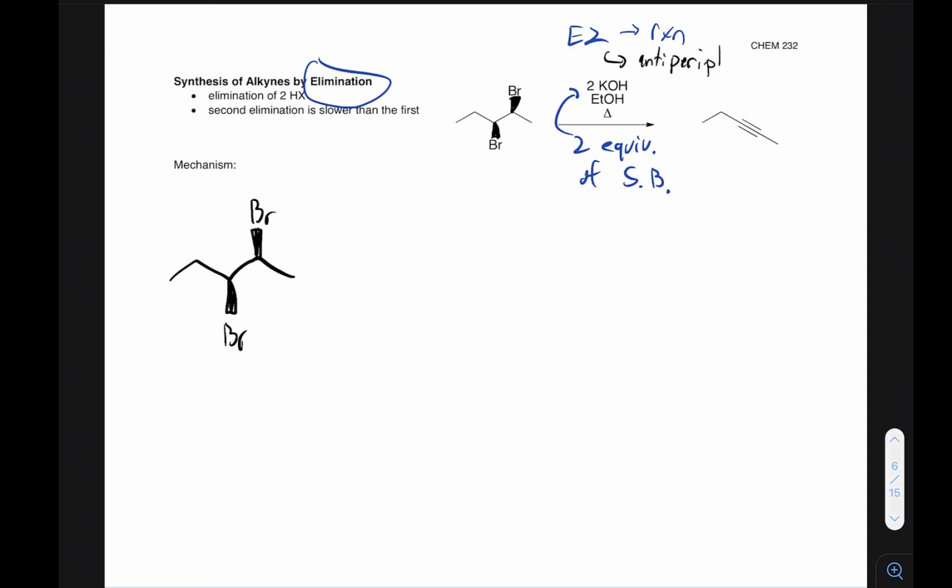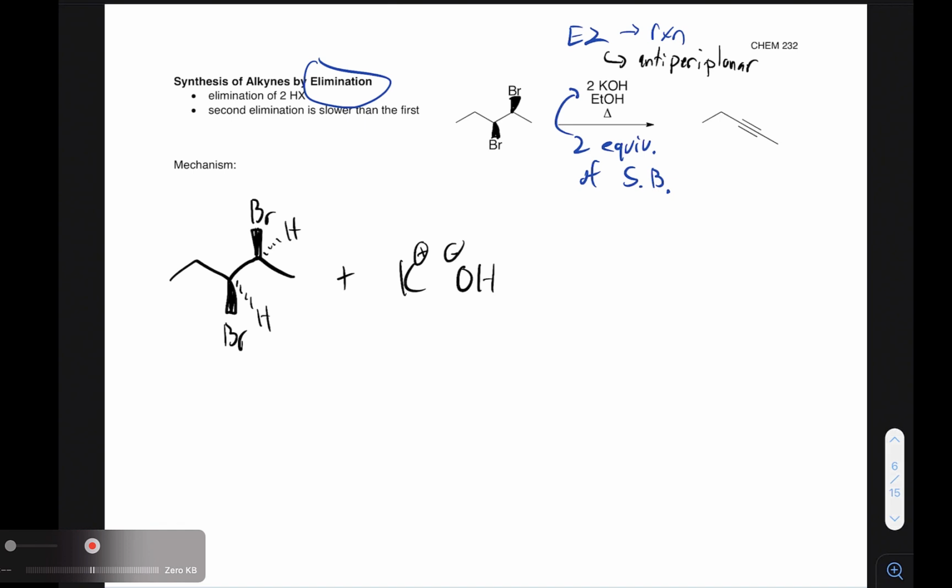We want that hydrogen to be 180 degrees behind the bromine when we're doing these elimination reactions. Okay, so this first equivalent of KOH is going to react with our reaction here. And this hydrogen is 180 degrees behind that bromine, they're on opposite sides.